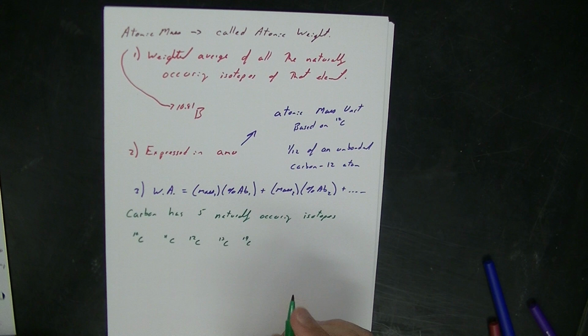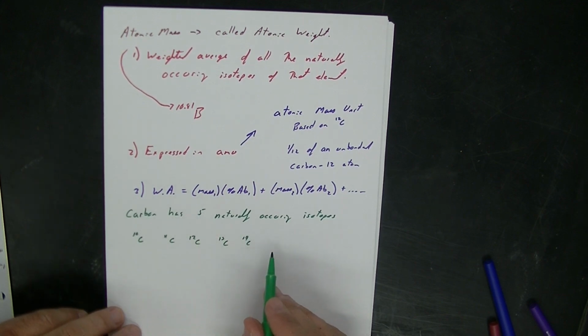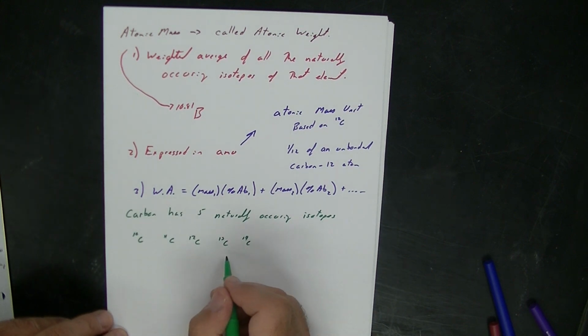Now, if we look at a sample of carbon, these break down into very specific ratios. Now these numbers are rounded, just for simplicity.